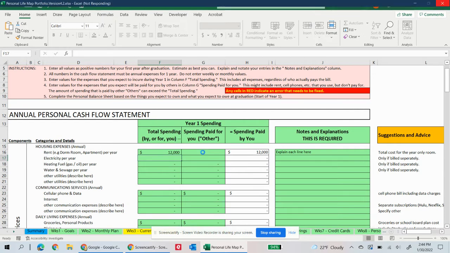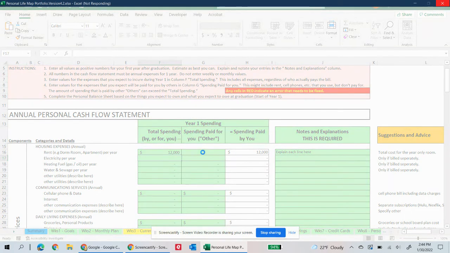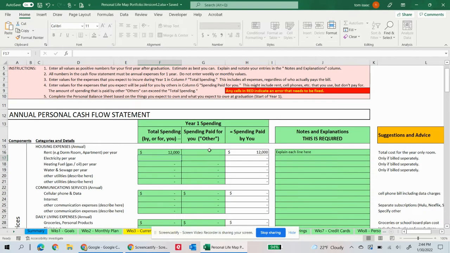That would be a total of $6,000 for your parents. So you would put in the spending paid by others, $6,000. What that shows is $6,000 of the $12,000 is paid by someone else, and $6,000 of the $12,000 is paid by you.